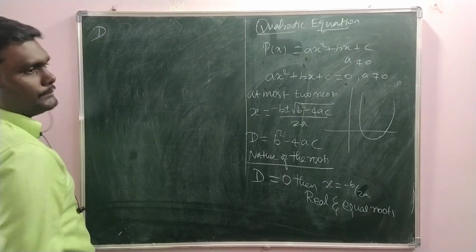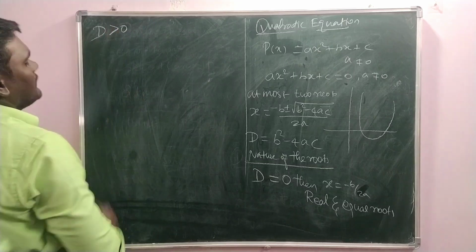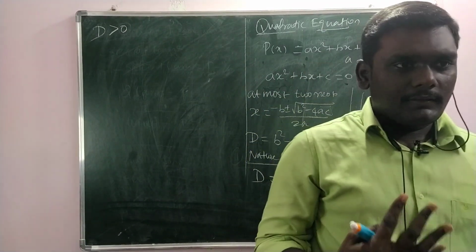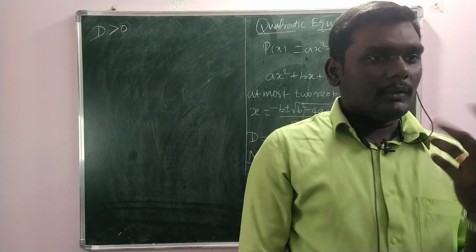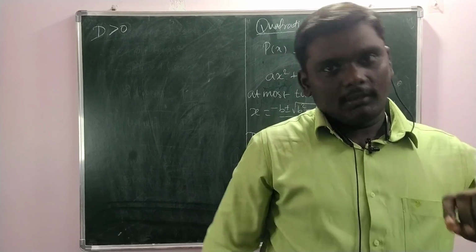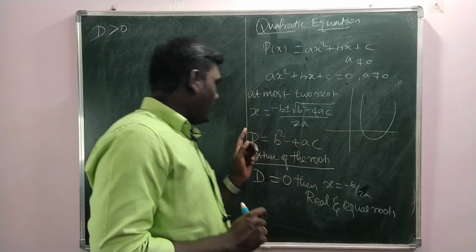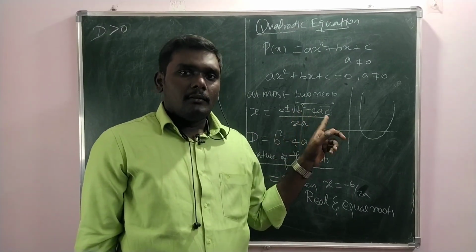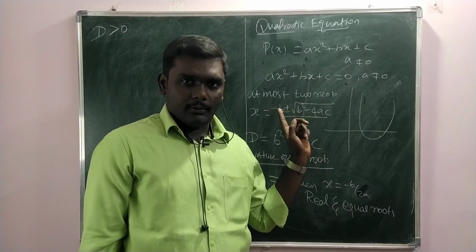Suppose the delta value is greater than 0, meaning some positive number. Then the square root part will not vanish, and we may or may not be able to take the value out of the square root.